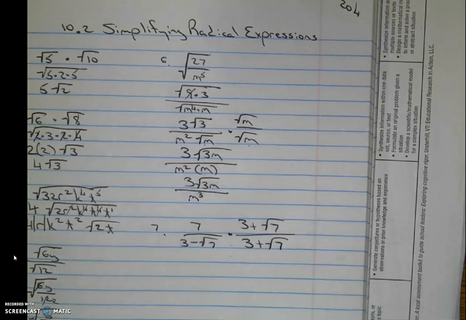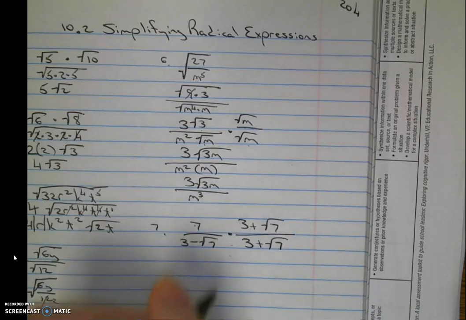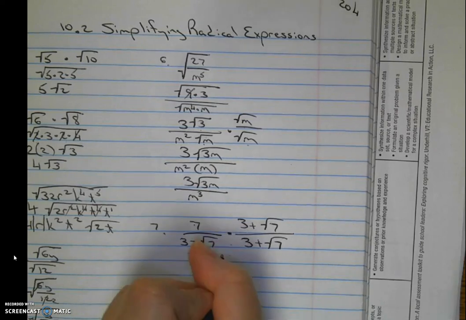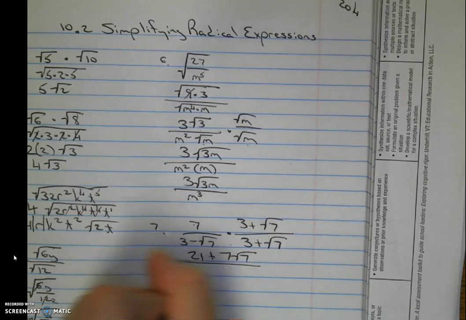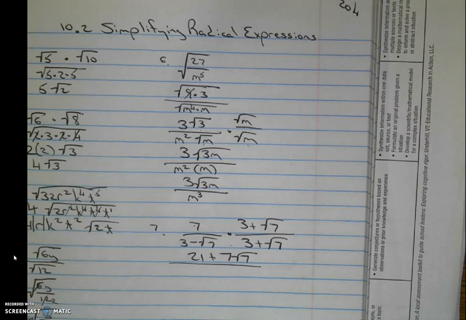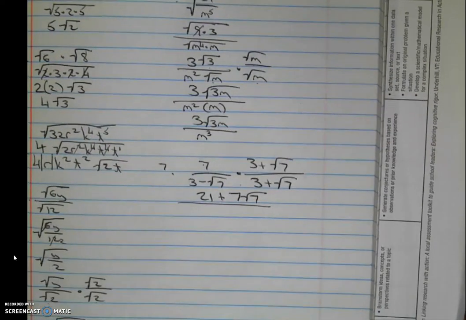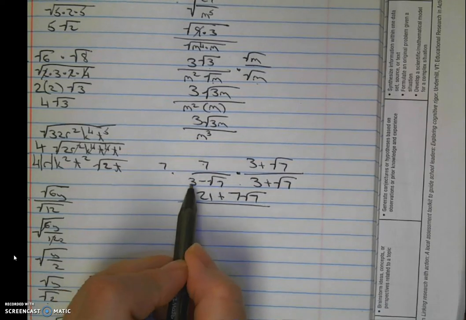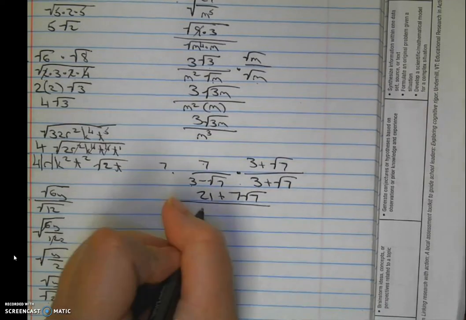Now, your numerators normally, just normal multiplication. 7 times 3 is 21, plus 7 times square root of 7 is a 7 square root of 7. Okay, that part's fine. But what in the world about the denominators? Why in the world did I do this thing? 3 times 3 is 9.